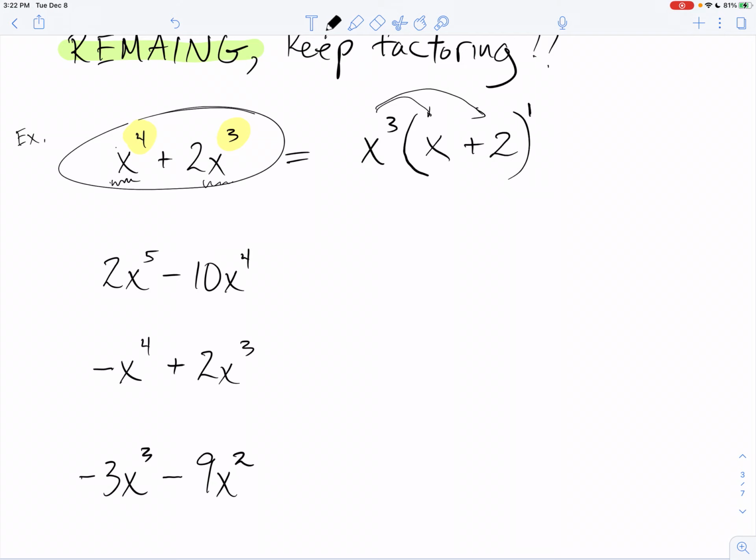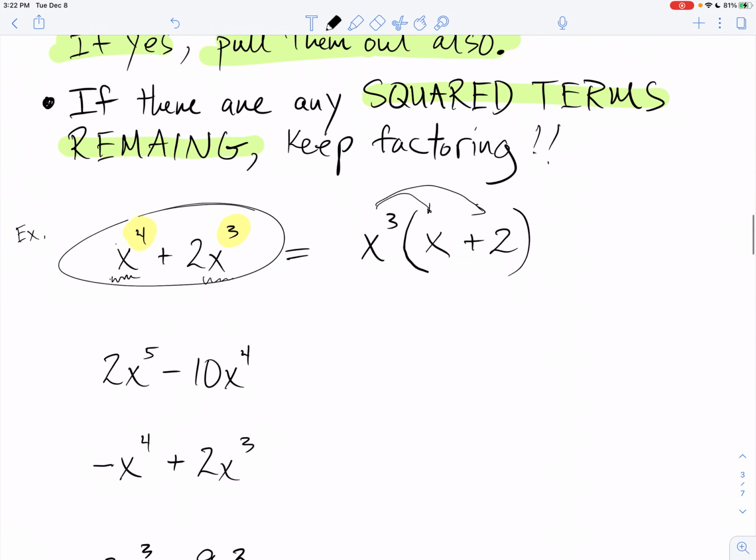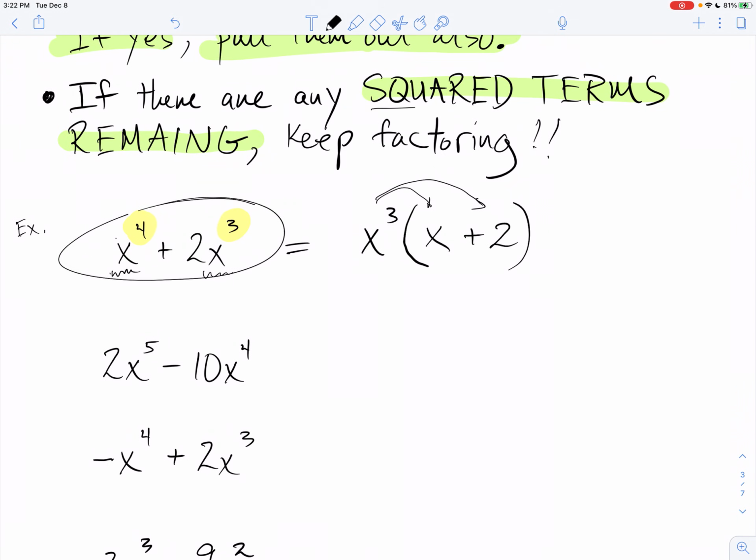Since there's nothing left over that's squared, I'm done factoring. If there are any squared terms remaining, then we keep factoring. But on this one, we're done. So I'm going to erase these arrows here. That is our final answer.